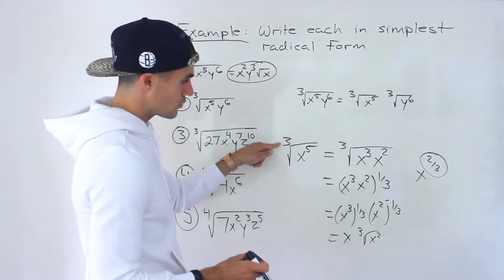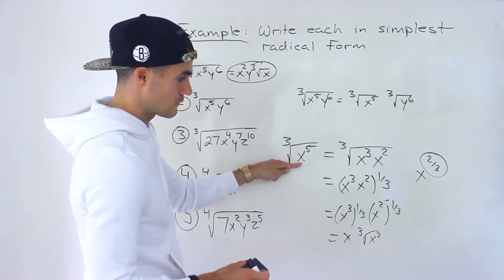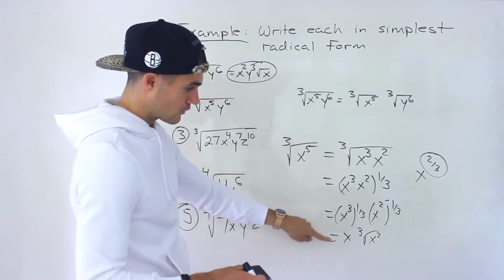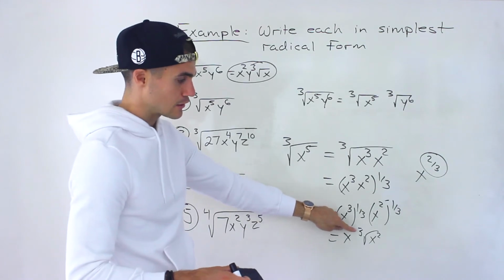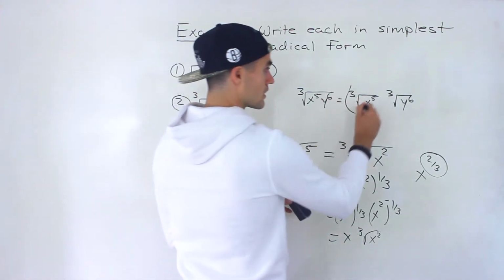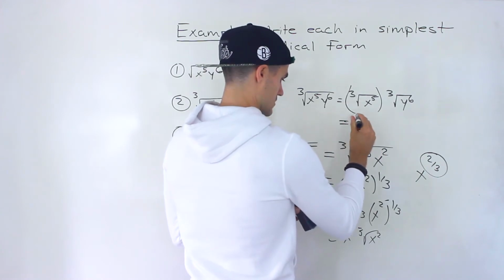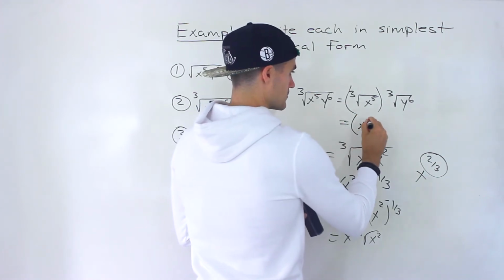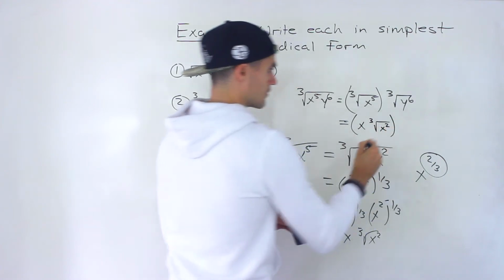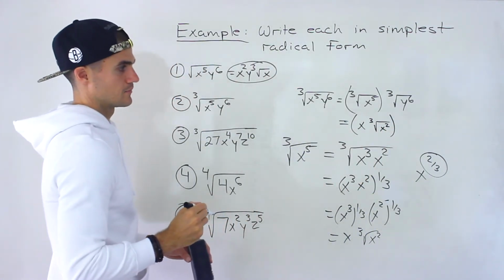Okay, so the third root of x to the 5, if we break that down further, is the same as x times the third root of x squared. Right, so this ends up being that right there.